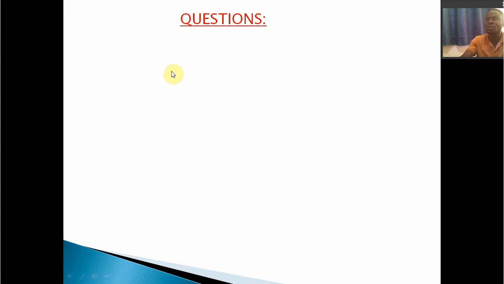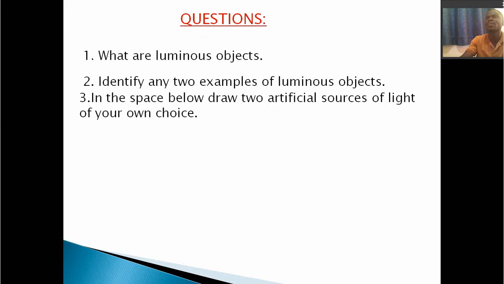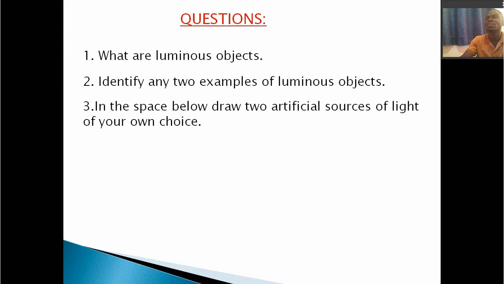Let's look at the questions we have for today. Our first question says, what are luminous objects? Question number 2 says, identify any 2 examples of luminous objects. Number 3 says, in the space below, draw 2 artificial sources of light of your own choice.